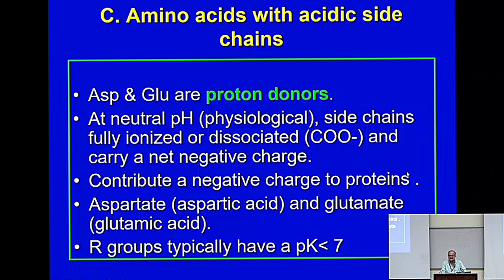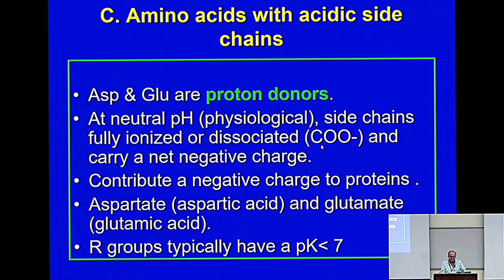Those two subgroups of amino acids that carry charges are divided into acidic amino acids, which carry a negative charge in their R group. Basically, they have a carboxylic group as part of the R group.